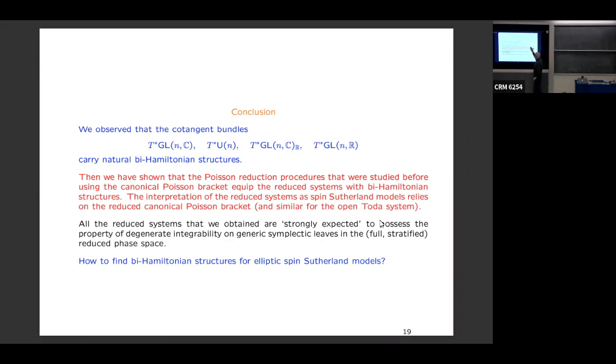And by standard reduction procedures, when applied to their Bi-Hamiltonian structures, they give a Bi-Hamiltonian structure for certain reduced systems, which were already considered before in this reduction context, but only with the canonical Poisson structure upstairs, not this Bi-Hamiltonian structure. And by the way, all these reduced systems are more or less proved to possess the property of degenerate integrability on generic symplectic leaves in the reduced phase space. So they are not only locally integrable, but more.